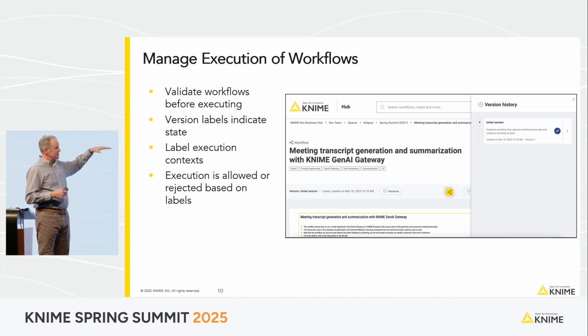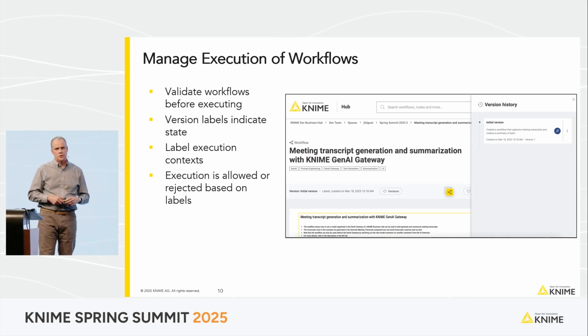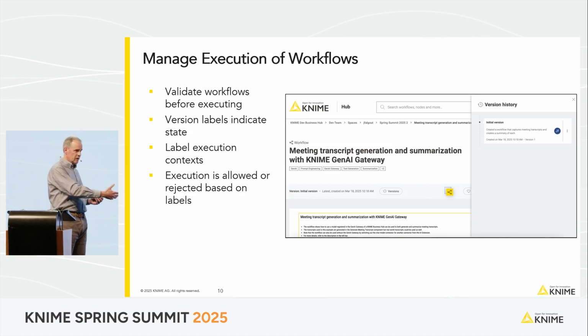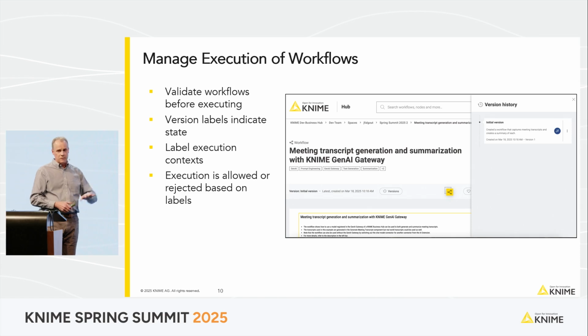These version labels indicate a state of that version, and we'll see how that works in just a minute. You can also label execution context. When you run a workflow, it runs within the context of an execution context, and you can label that to help you decide which workflows have been validated, and can be run within this execution context, or not run within this execution context.